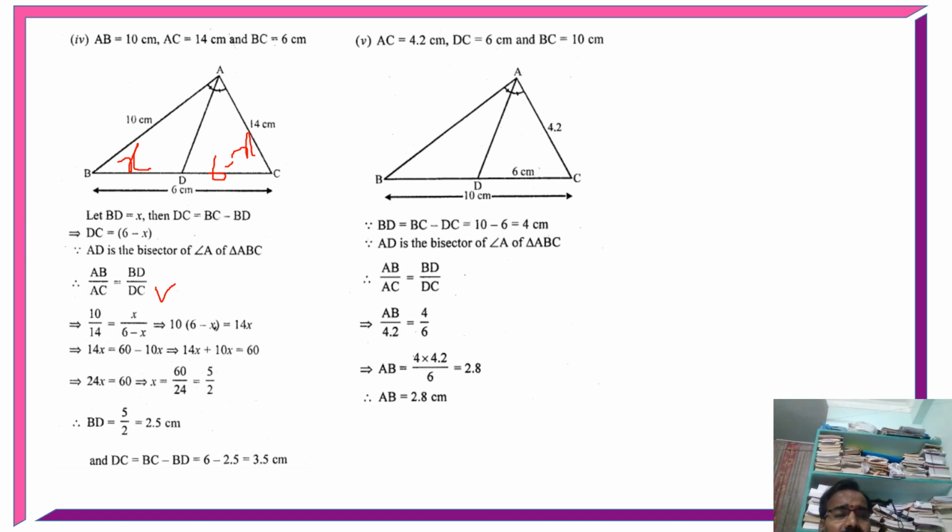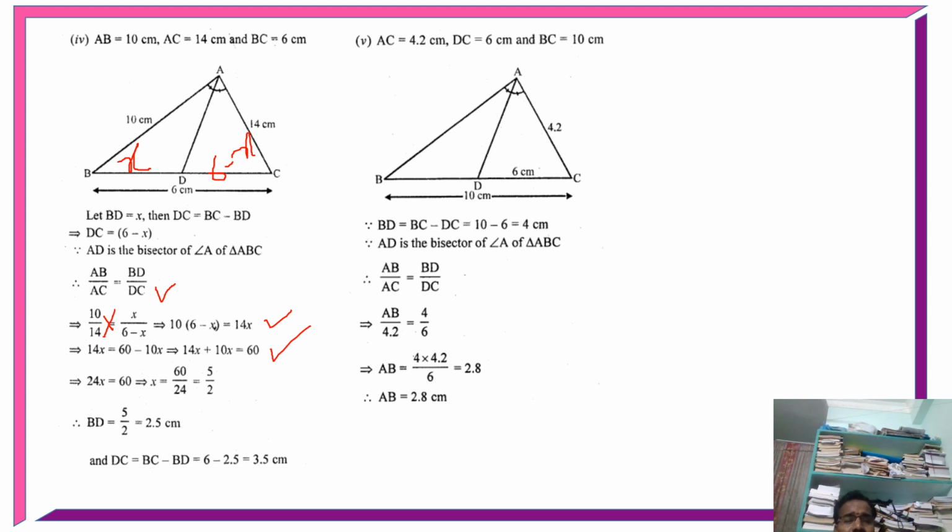After cross multiplication, 10 into 6 minus X equals 14X. 10 sixes are 60, so 14X equals 60 minus 10X.